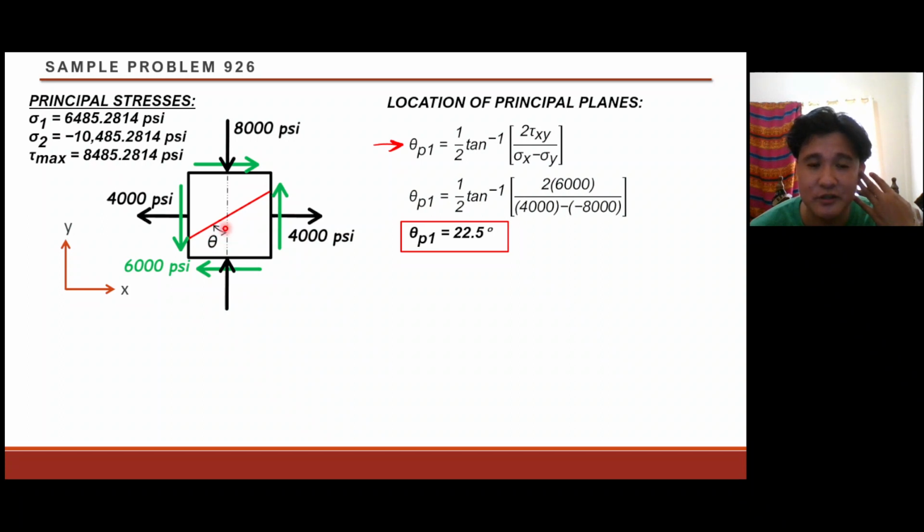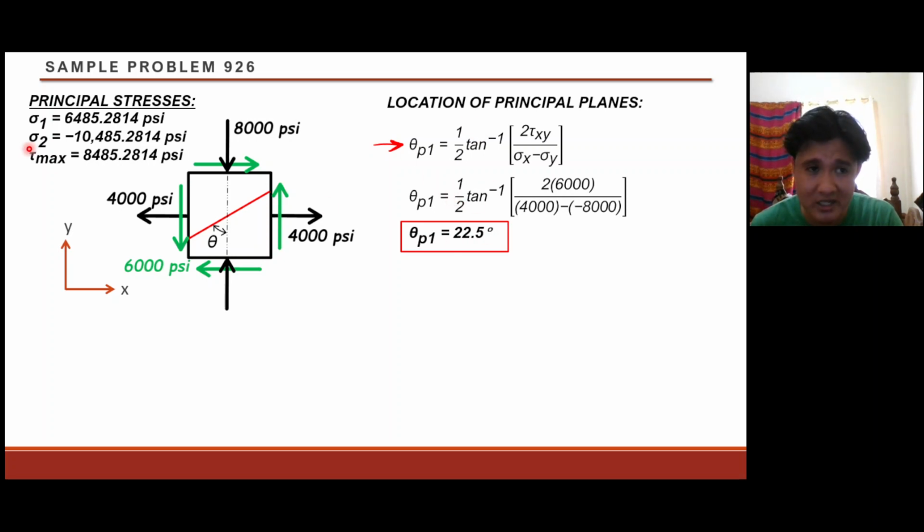Yung theta na yan that is measured counterclockwise, or clockwise pwede na din, from the vertical face ng ating stress element. Okay? So that is 22.5 degrees. Okay? So that is yung for major principal stress.